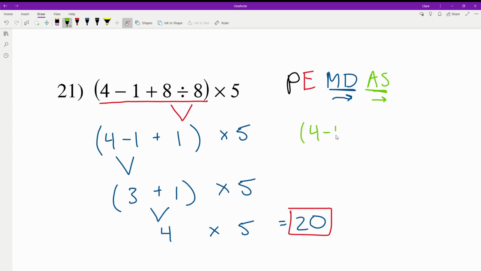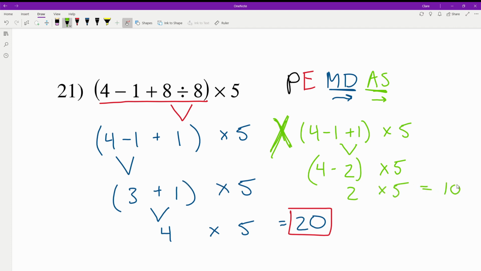If we would have taken 4 minus 1 plus 1 and multiplied that by 5, if we did this addition first, which is wrong, this is not the right way to do it, but if we did that addition first, 1 plus 1 gives us 2. 4 minus 2 times 5 is what we would have. 4 minus 2 is 2, and 2 times 5 equals 10, which is not the right answer.